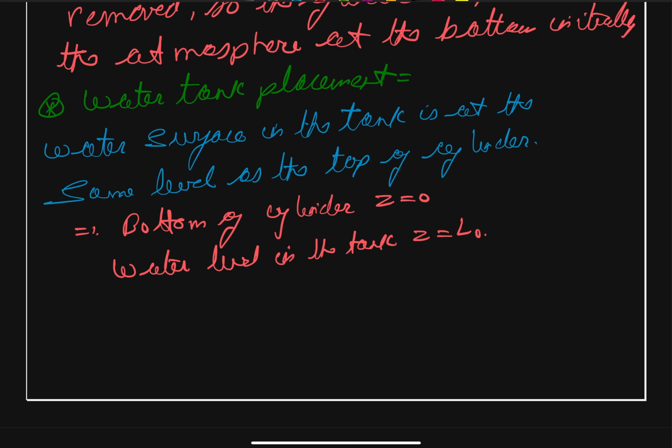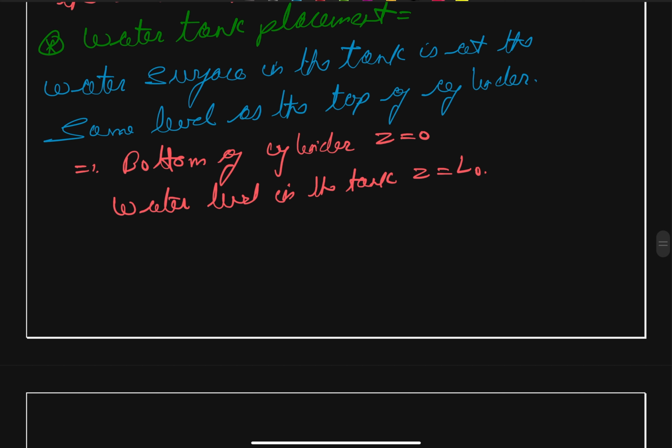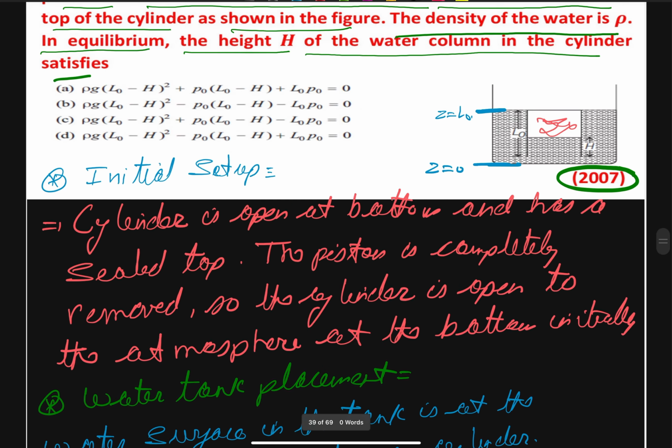And the third will be, now the water enters the cylinder. So we can say water enters the cylinder, and because its bottom was open, water is going to enter the cylinder and that height is given as h.